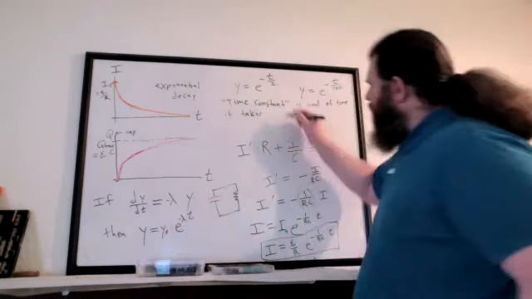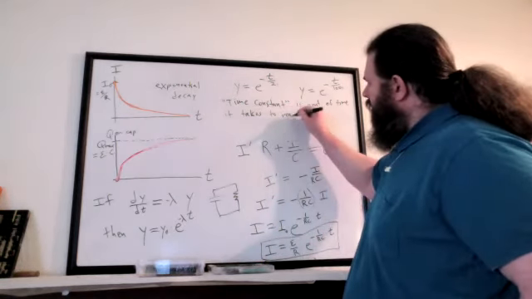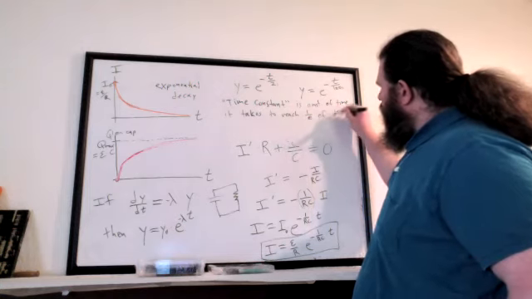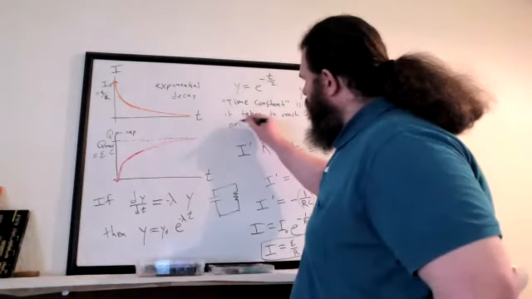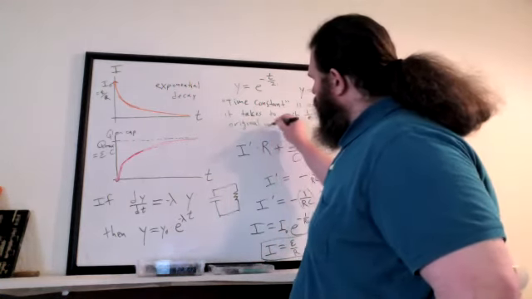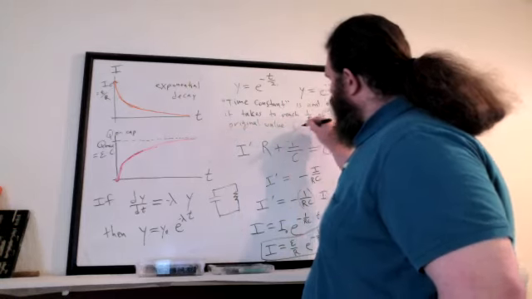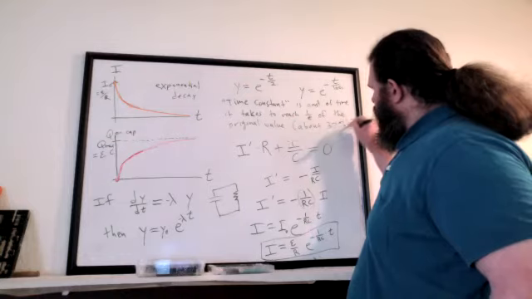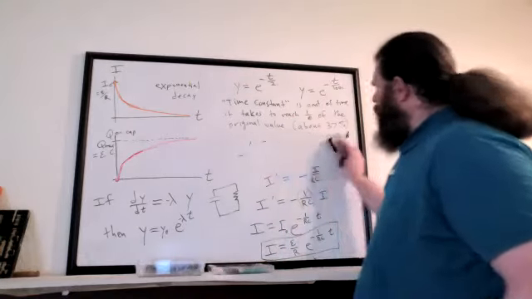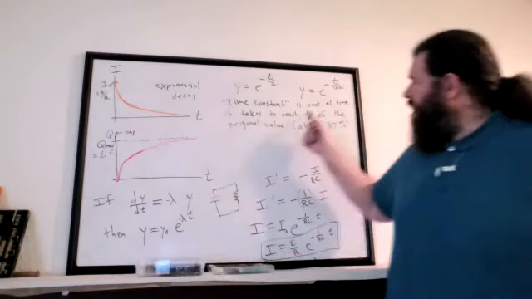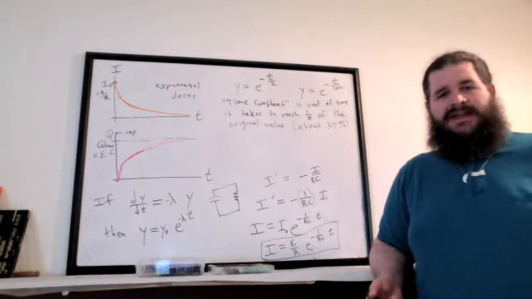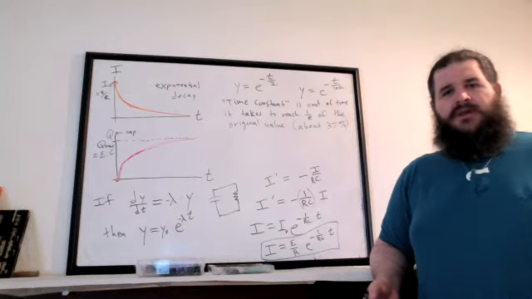Formally, it's the amount of time it takes to reach 1 over e of the original value, which is about 37%. And there's nothing special about 1 over e, it's just a convenient reference point because we're using e as the base of all these functions.